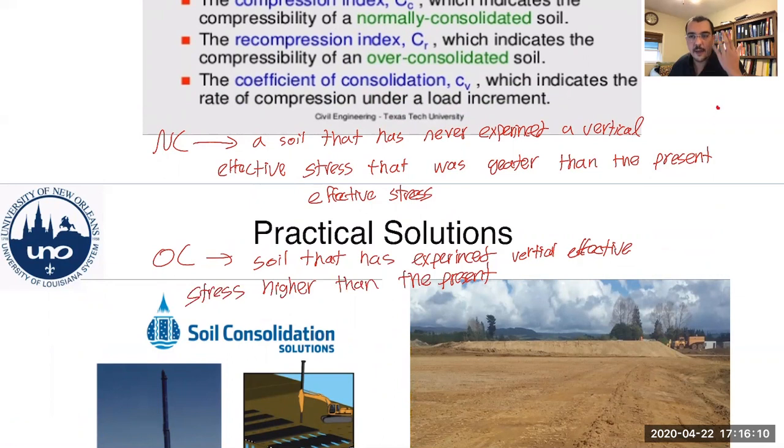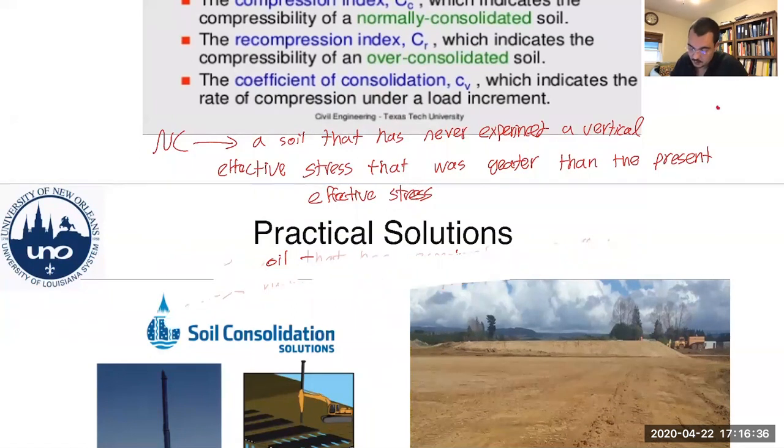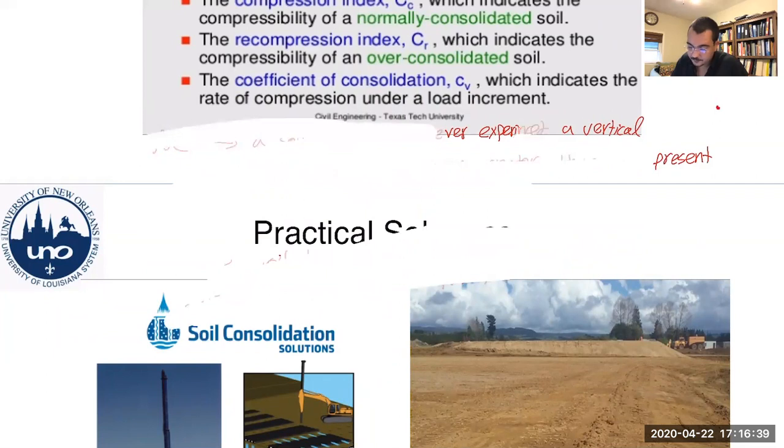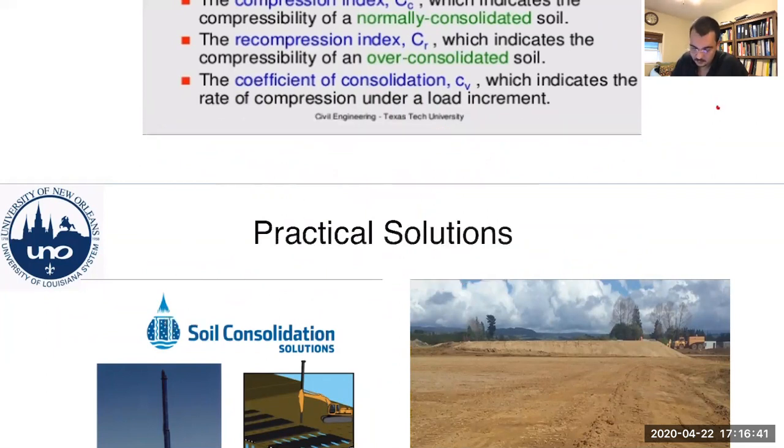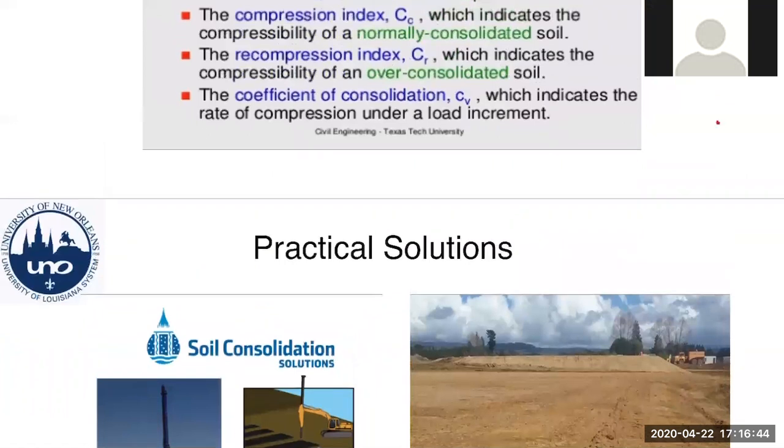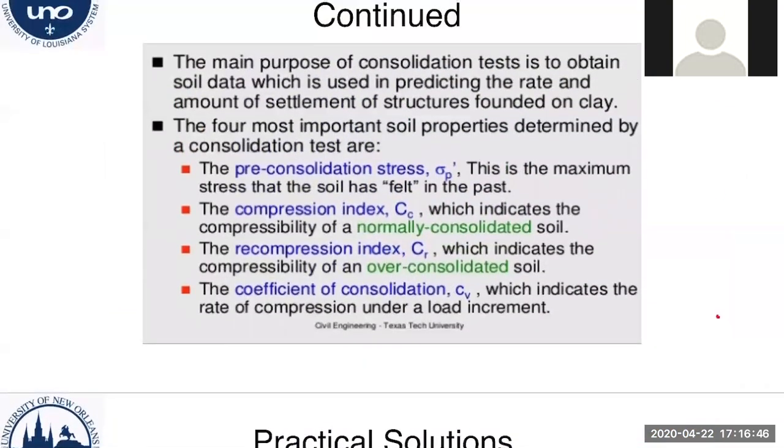If you imagine there was an ice age and ice has a weight, of course, and it was on the soil, then the ice melted. So whatever is right now on top of that piece of land that you want to build something on has experienced a larger vertical effective stress than it's feeling right now. And that's over consolidated soils. Is that also clear? Yes. Okay, that's good.